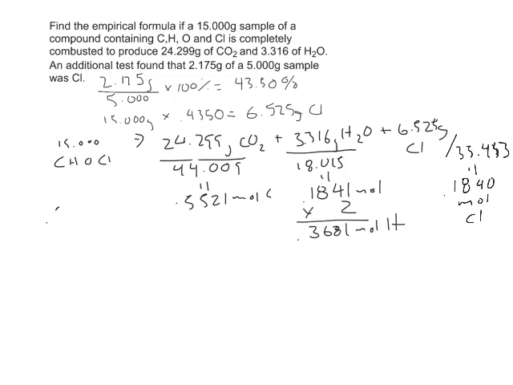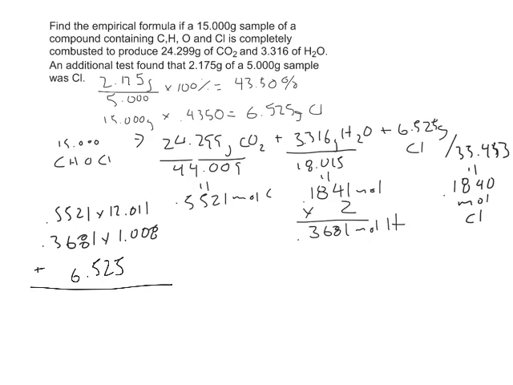So 0.5521 times carbon's molar mass plus 0.3681 times hydrogen's molar mass. You can, if you want to, take this and multiply it back by its molar mass to get mass of chlorine, or you can just recognize that you already know that, plus 6.525 grams of chlorine.